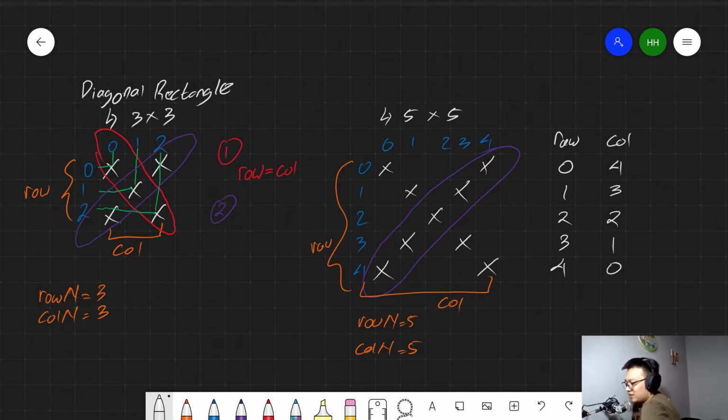What pattern appears in these loops? Every time you add them, 0 plus 4 is 4, 1 plus 3 is 4, 2 plus 2 is 4, 3 plus 1 is 4, 4 plus 0 is 4. So you got the pattern already, right?